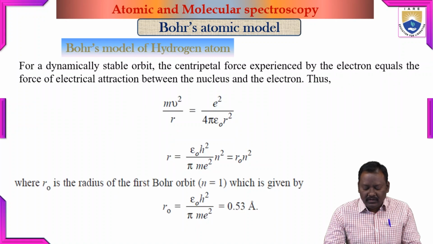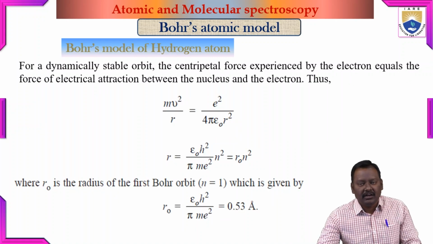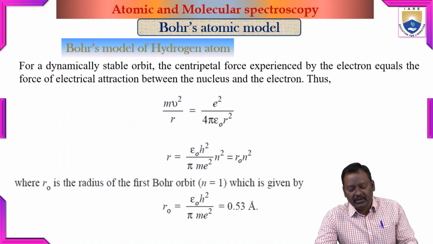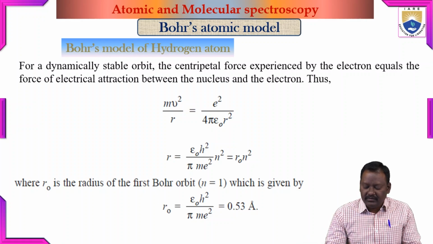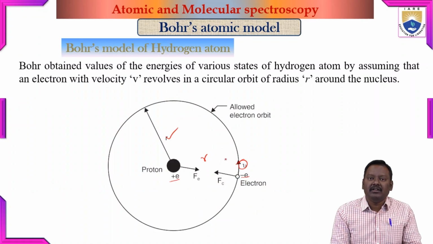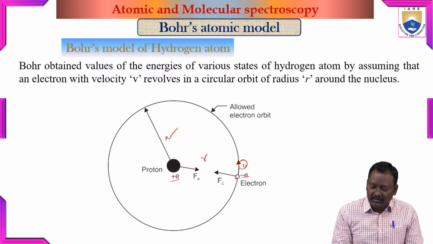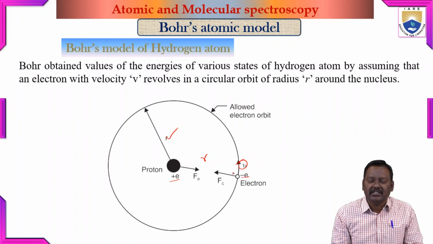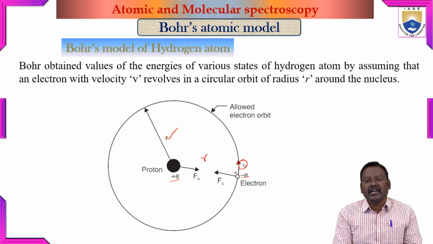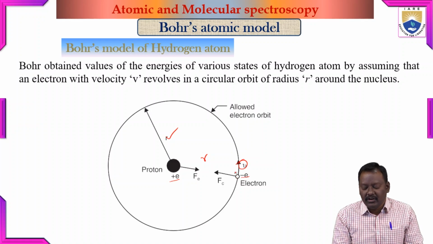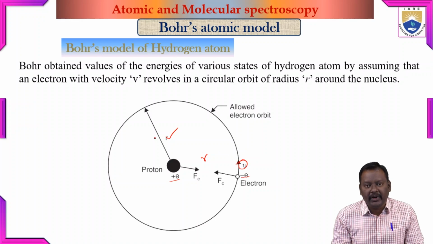So if you try to find the radius of the first stationary orbit of hydrogen, if the electron is moving in this particular orbit without losing radiation, that means it is a stable orbit with no change in the radius of the orbit.